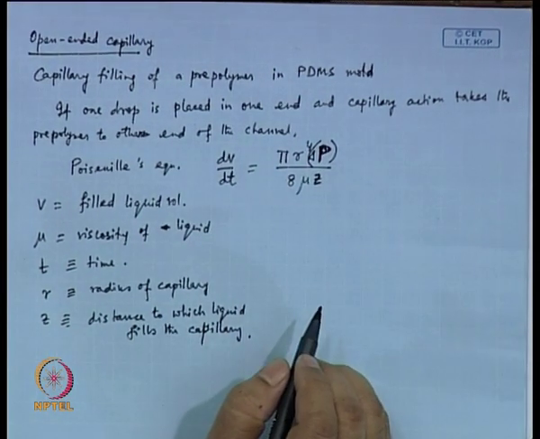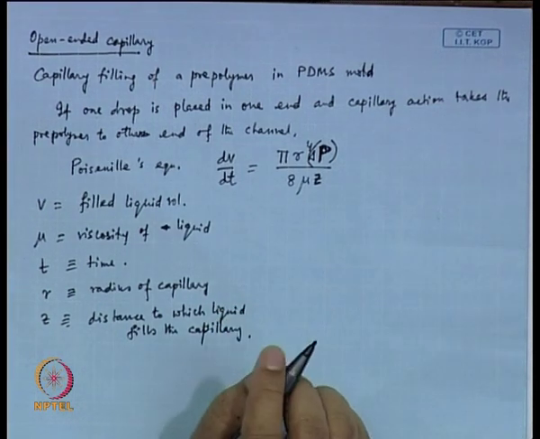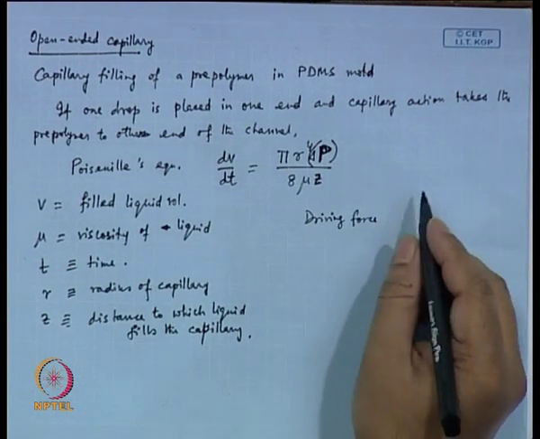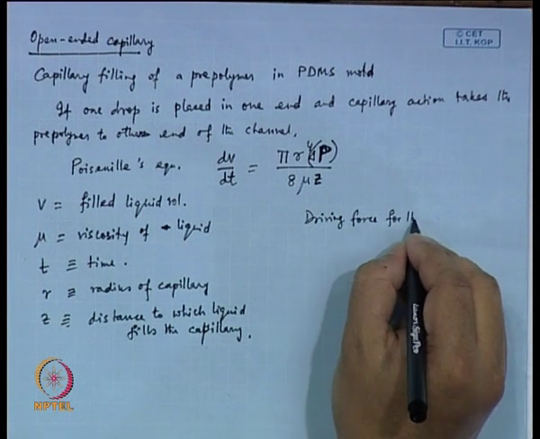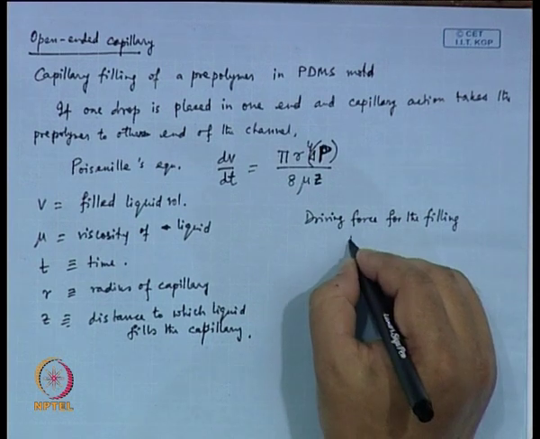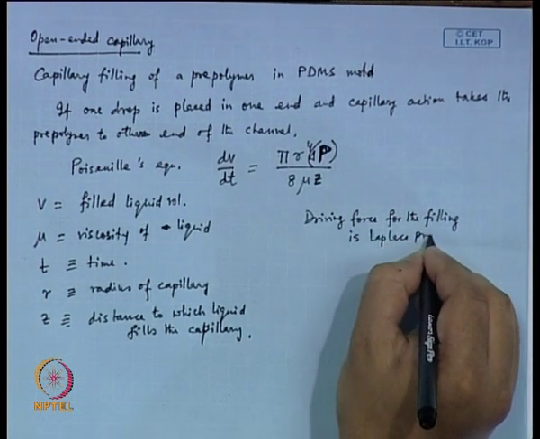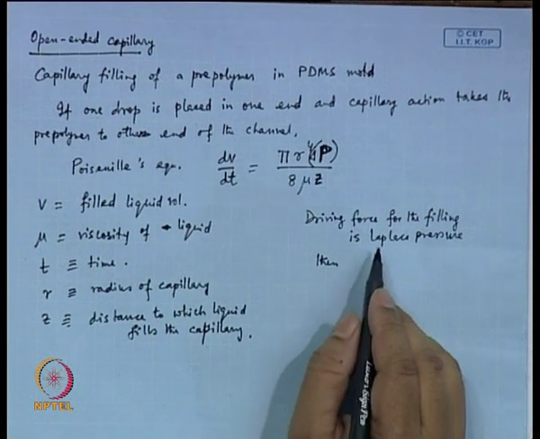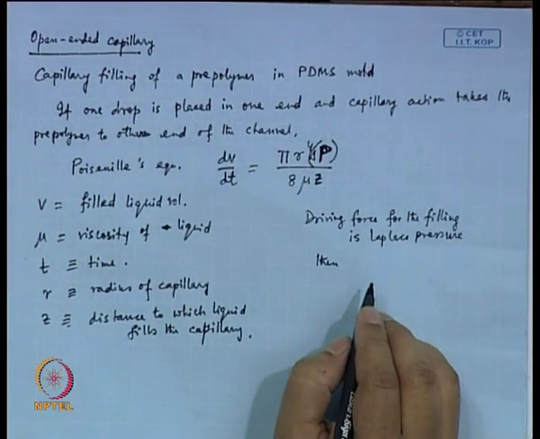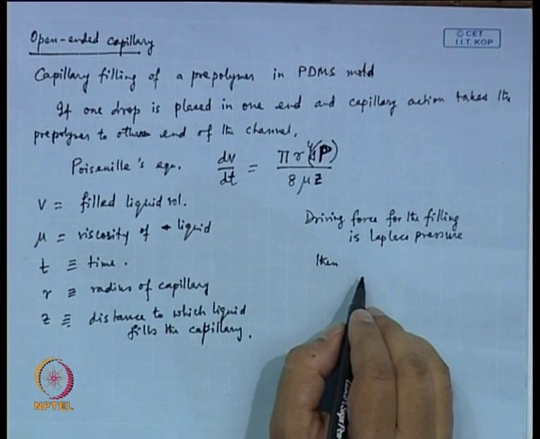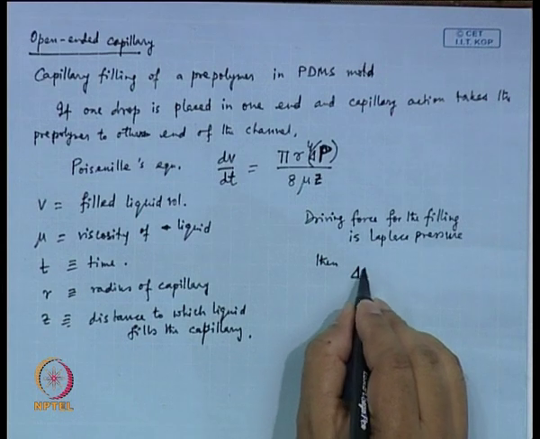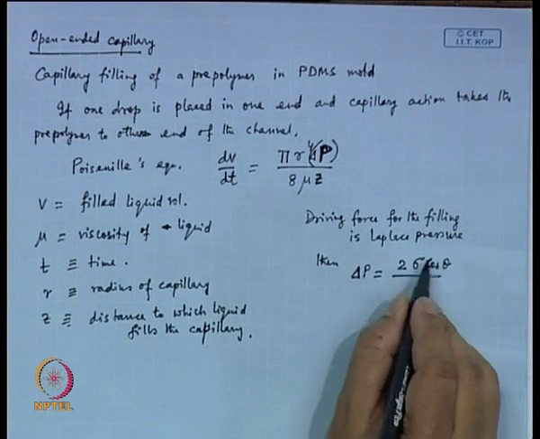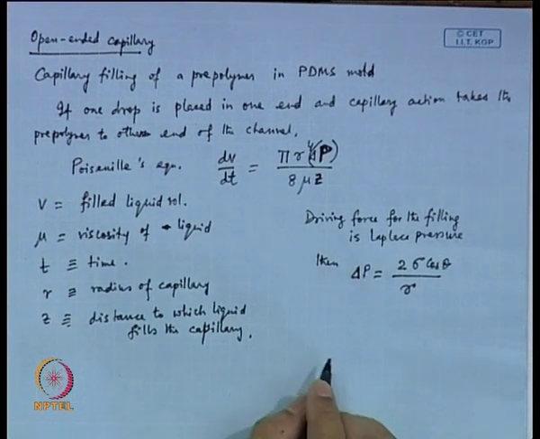Now, if the driving force for the filling is the Laplace pressure, then you can write this delta P to be equal to 2 sigma cos theta divided by r.